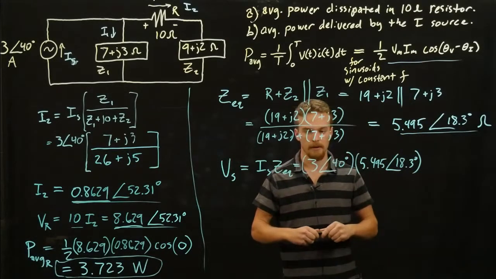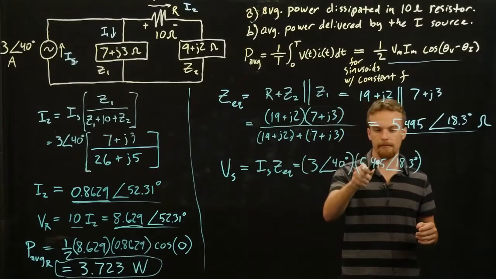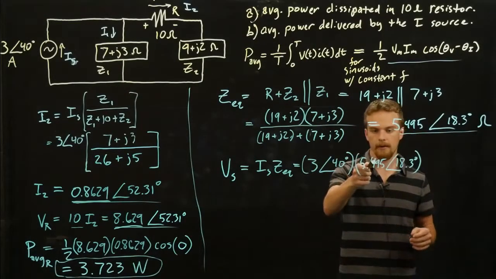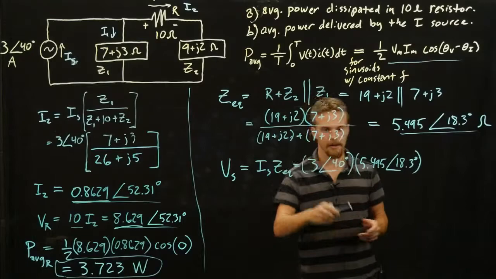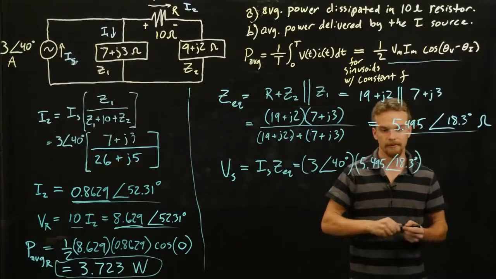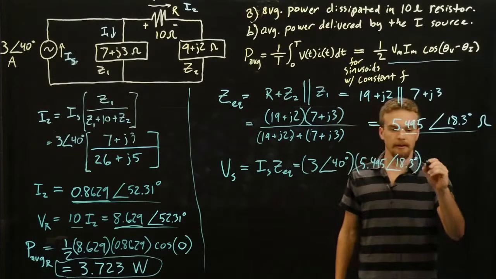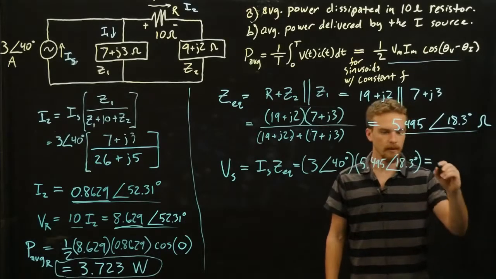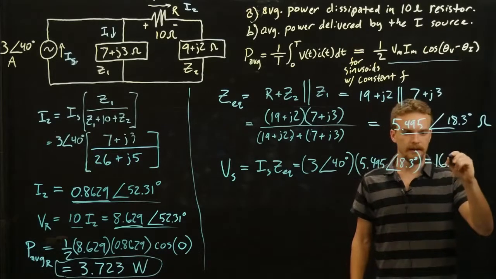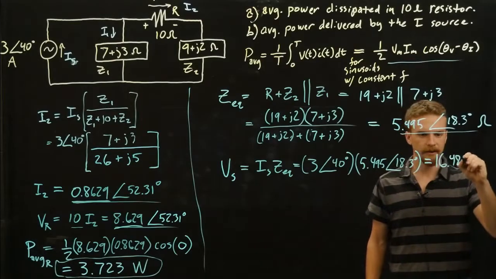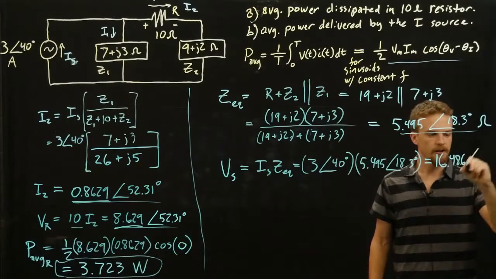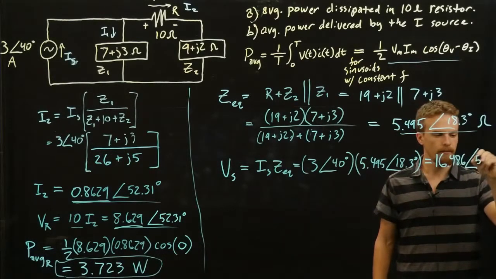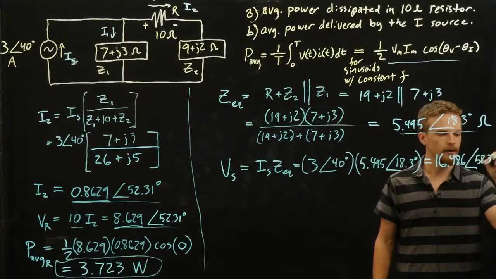With polar form, we multiply their magnitudes to get the new magnitude, and we add their angles to get the new angle. So this comes to 16.486 with a phase shift of 58.32 degrees.